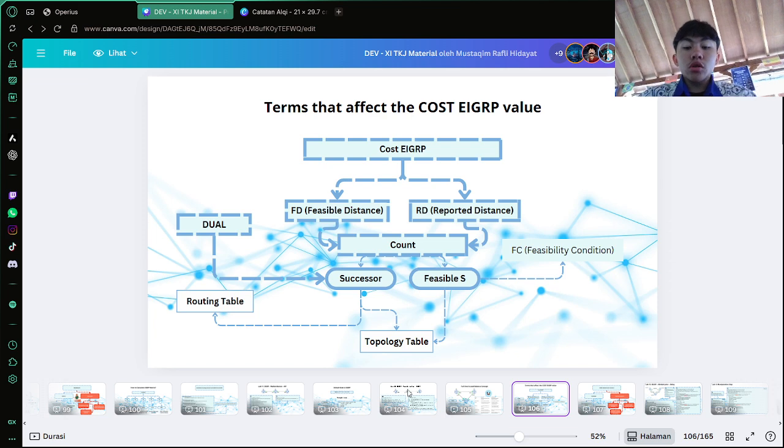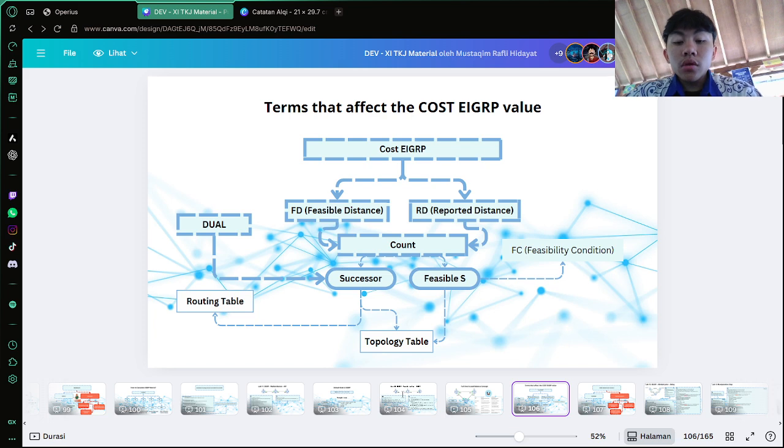Table dependencies. The routing table stores the best path for packet forwarding, and the topology table maintains all known paths and their metrics. Feasibility condition or FC, the critical rule: RD less than FD of the successor.